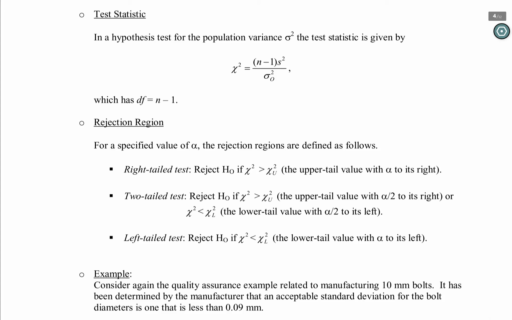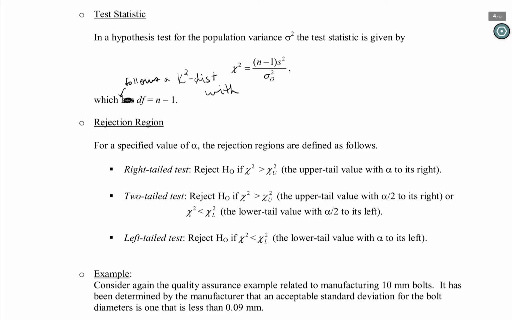It follows a chi-squared distribution with degrees of freedom n minus 1. So that's our test statistic.